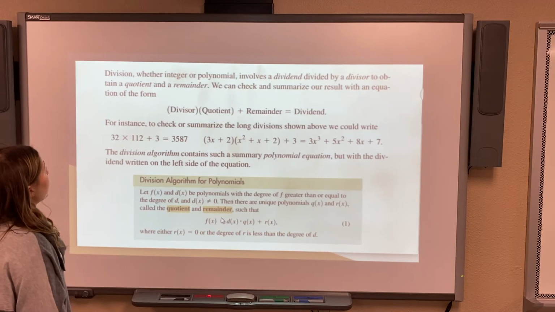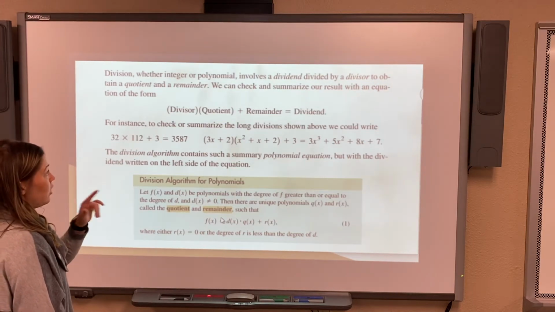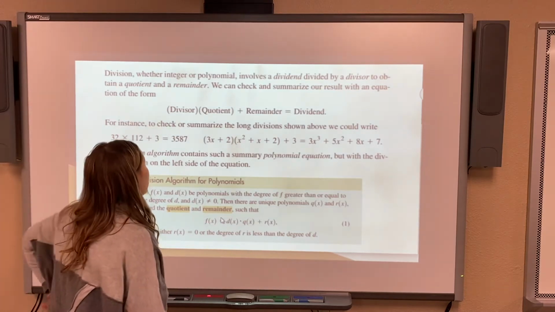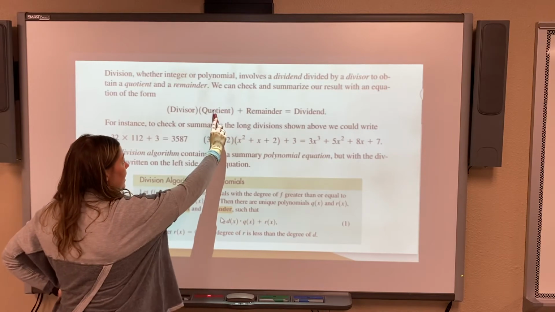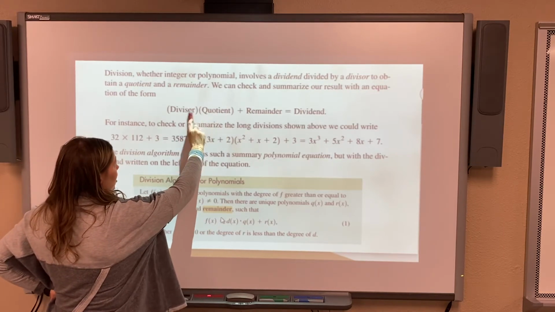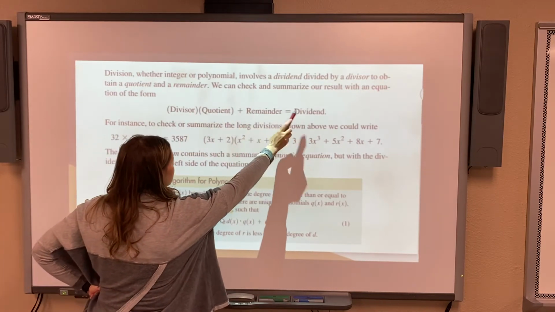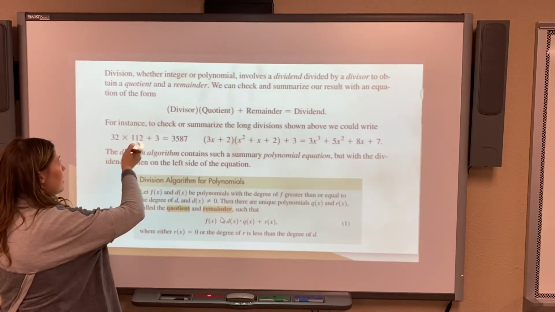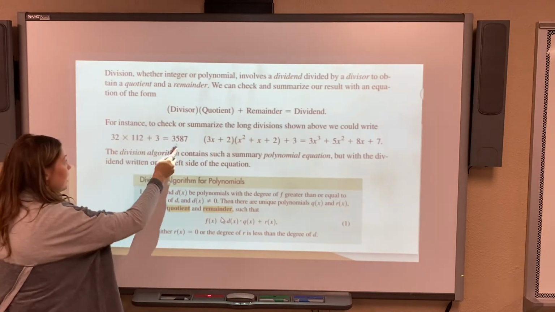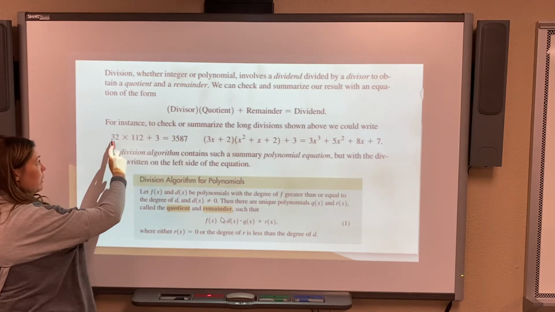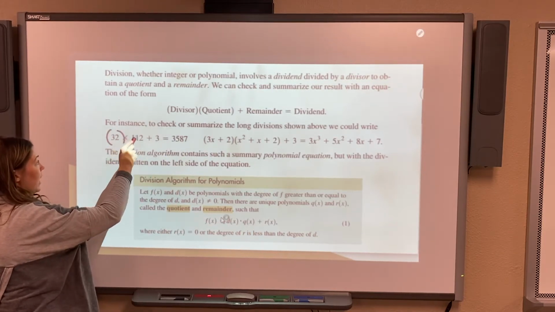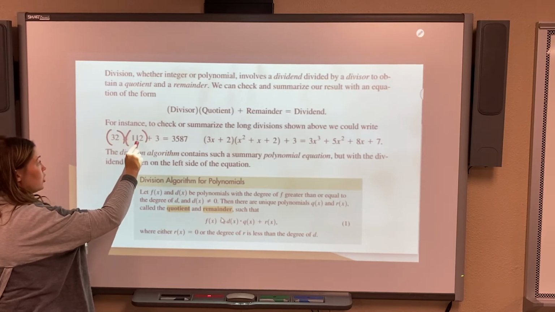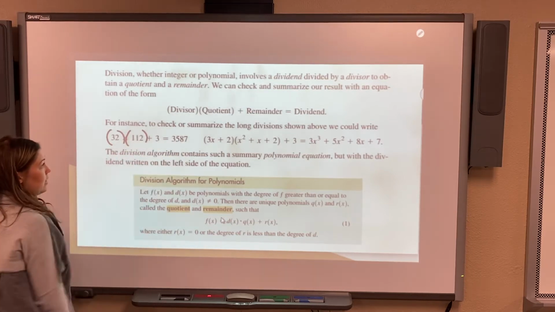So we have a divisor times a quotient plus our remainder is equal to the dividend. The divisor is what we divide by, the quotient is what we get, so you can multiply those like a polynomial, and then plus your remainder is equal to the dividend. If we look at the numerical, we divided 3,587 by 32, so that was our divisor. If we multiplied it by our quotient and then added 3, that's what it equals.